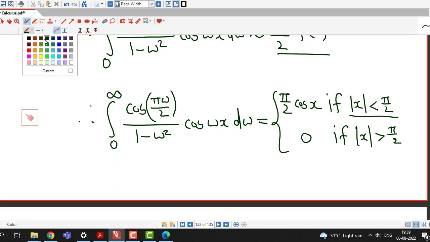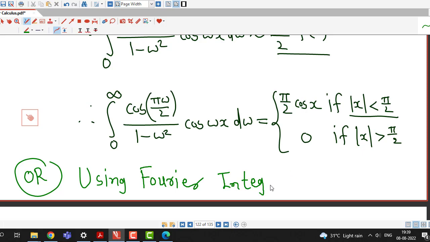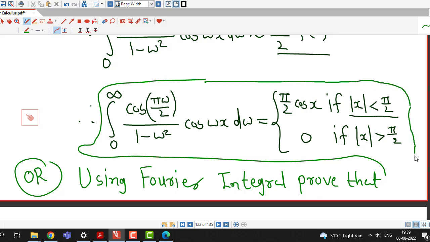Sometimes they ask the same question in another way. They can ask you that using Fourier integral, prove that this integral equals π/2 cos x if |x| is less than π/2, and 0 if |x| is greater than π/2.